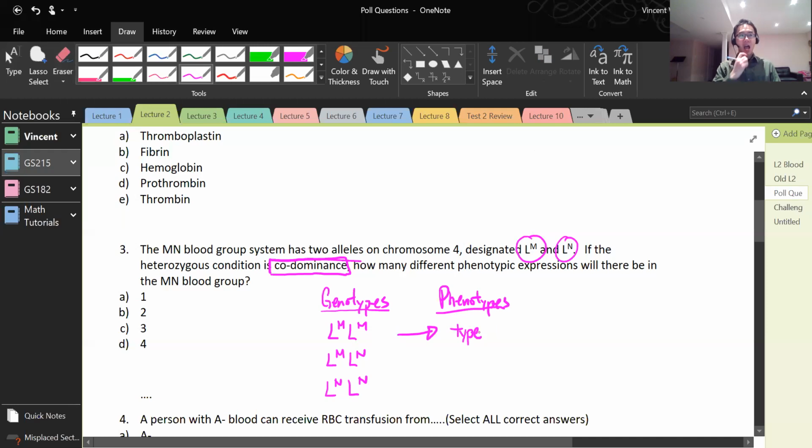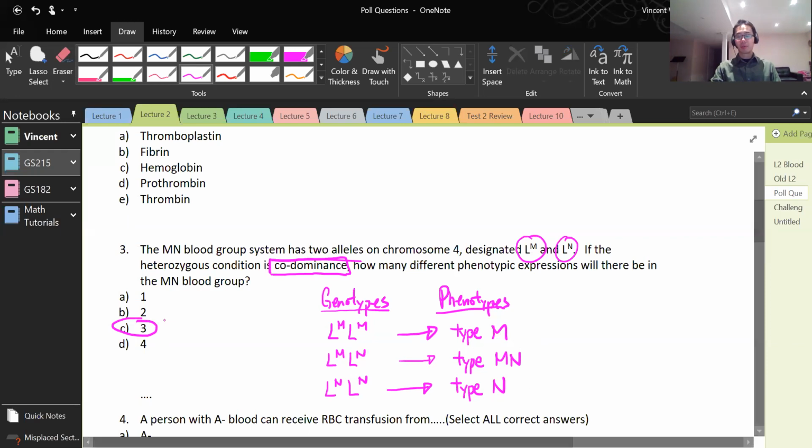Type M, right? They're both M. What about LN, LN? That would be type N. What about this one, LM, LN? This is MN, right? Because the heterozygous condition is codominant, that means they are both going to be expressed. So therefore, 3 different types.